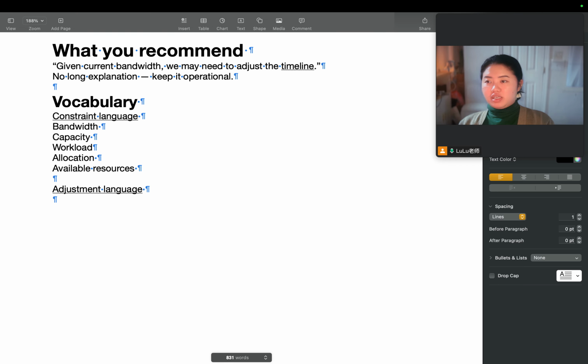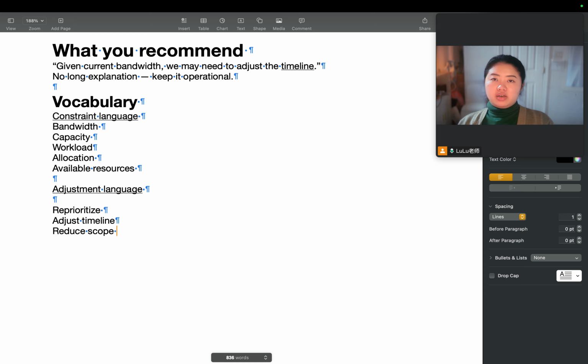So some words I would say are reprioritize. This is really useful. Instead of saying I want to adjust this and then make that and then move this here, move that, just say reprioritize. And then adjust timeline. That's also useful. And then reduce the scope. When it's too much work, we just have to reduce the scope.